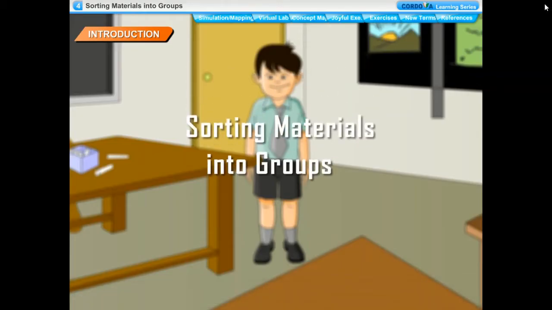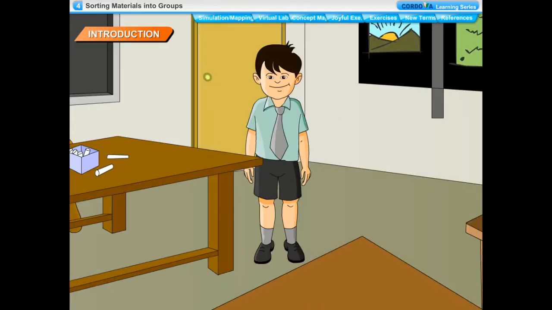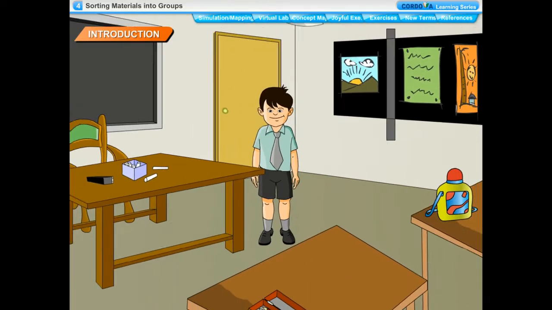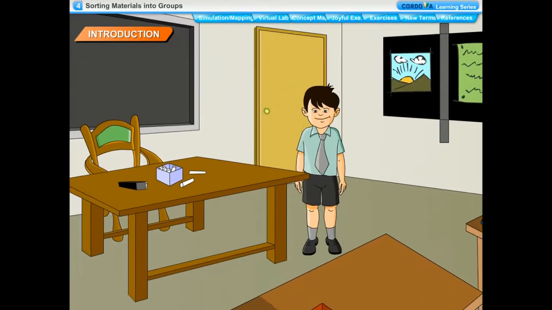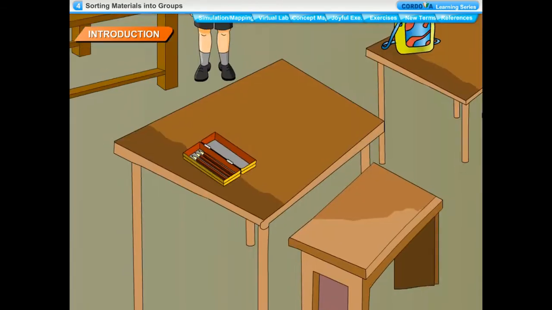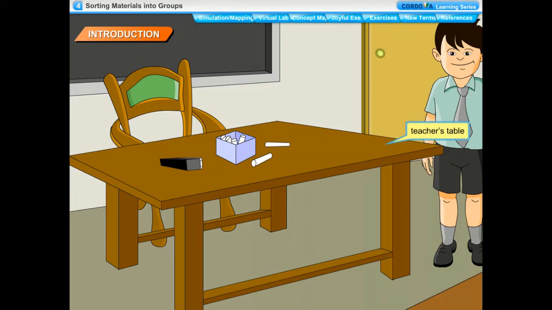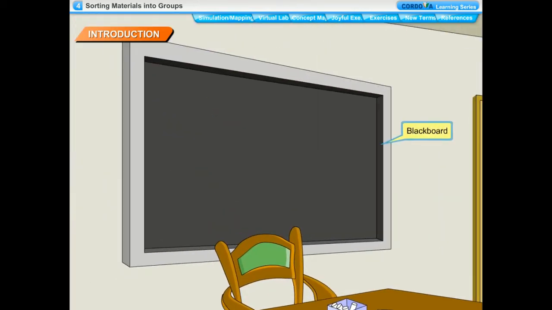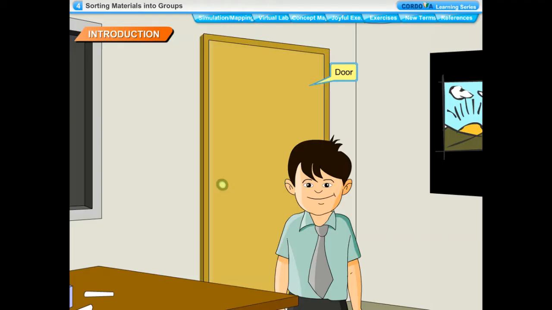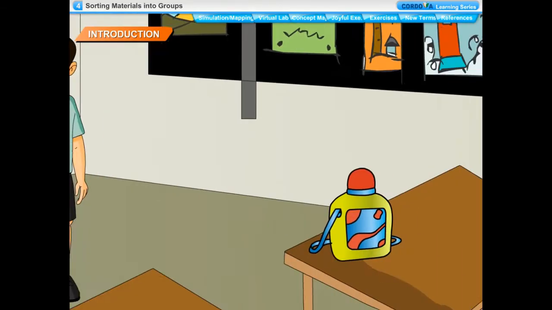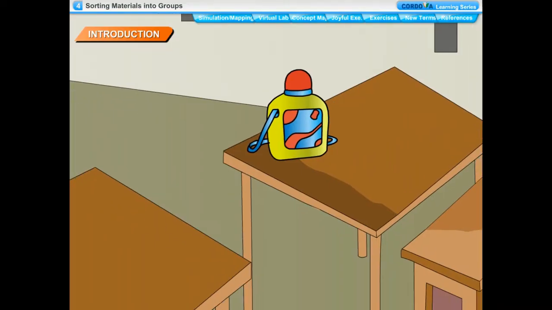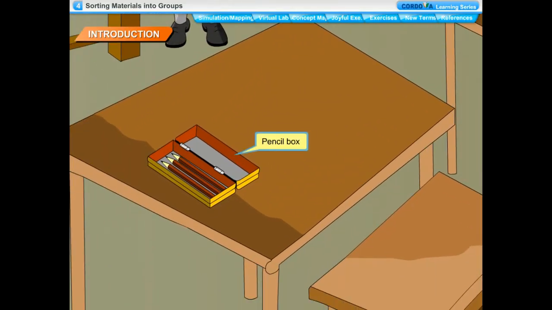Chapter 4. Sorting materials into groups. Objects around us. You see a large number of things around you. Some of the common things that you see in your classroom are desks, chairs, teacher's table, blackboard, doors, fans, water bottles and pencil box.